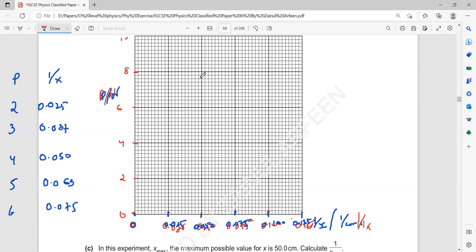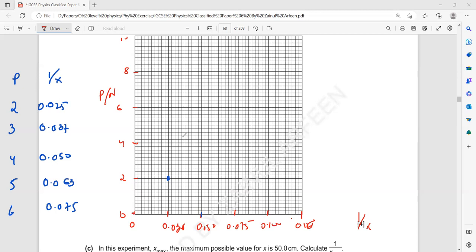Now, plotting the results. First, when P is 2, 1 over x is 0.025.